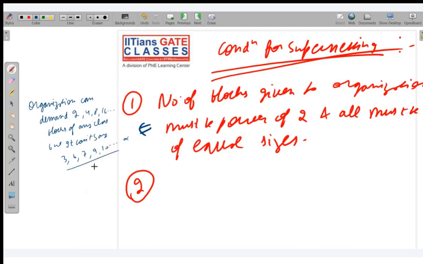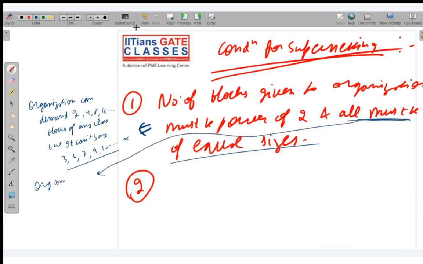The second important point: the organization should demand either all the blocks of class B, all the blocks of class A, or all the blocks of class C. We cannot mingle them up. Second point, all must be of equal sizes. What does this mean?